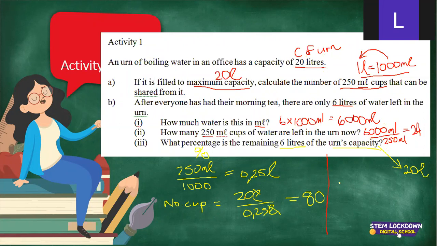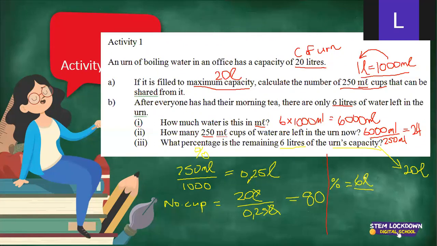To work with percentages, you need to know how to change between decimal, fraction, and percentage. You need to know how to change those three. So what percentage? Here's the clue. When I say what percentage is something of something, always take the small amount, which in this case is 6 liters.